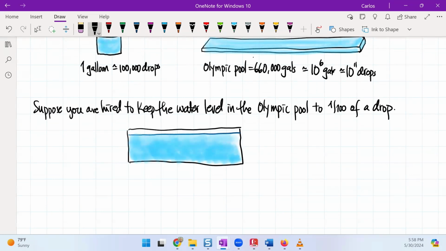So in here, there are 10 to the 11 drops of water in the pool.